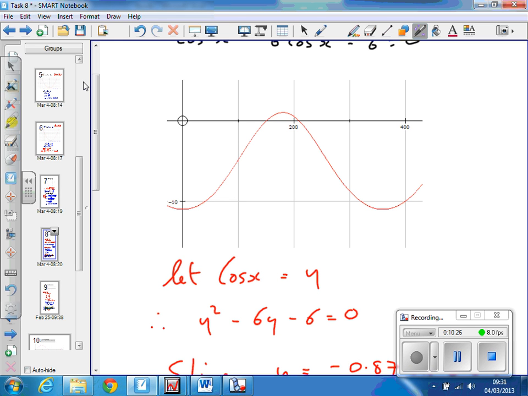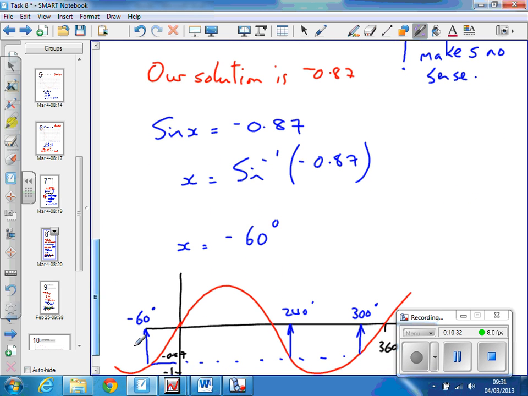Let cos x equal y. And what did we do at the end? Sin x. So as a little extra activity, if you want to, repeat this last little bit with cos x instead of sin x, and you should verify the answers on that curve at the top. So sorry about that, okay? Right.